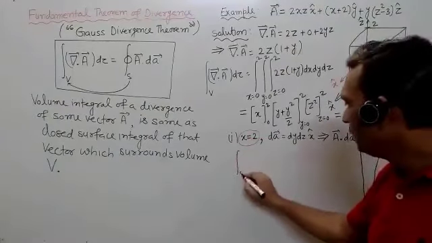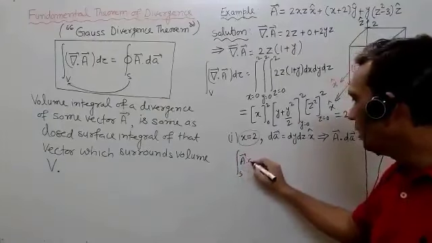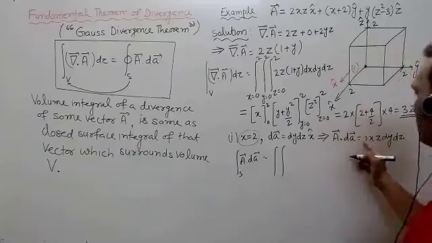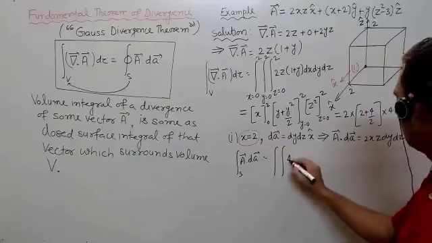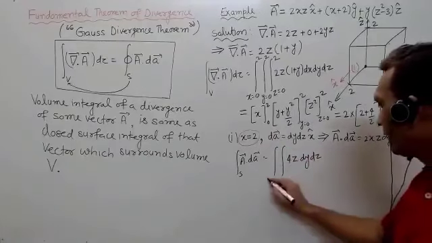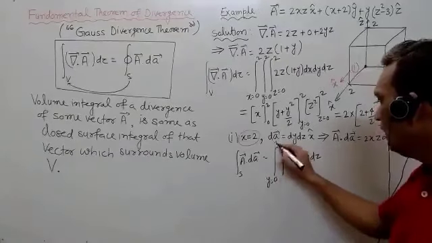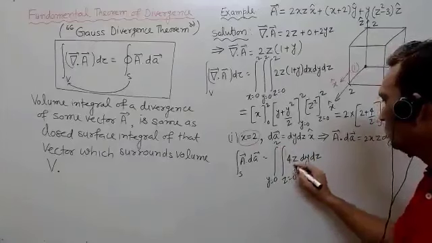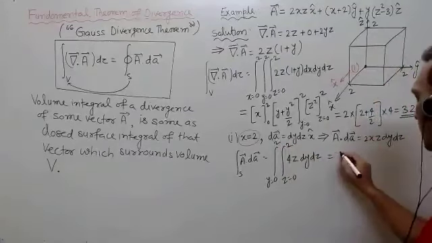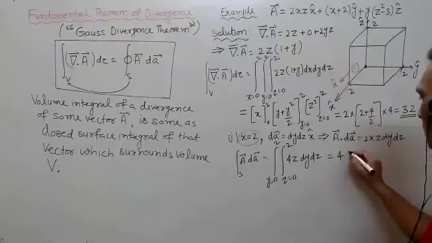So then surface integral A dot dA is given by, this is double integral. X is 2. So you will get 4 z dy dz, where y 0 to 2 and z 0 to 2. Integrate this. You will get 4.